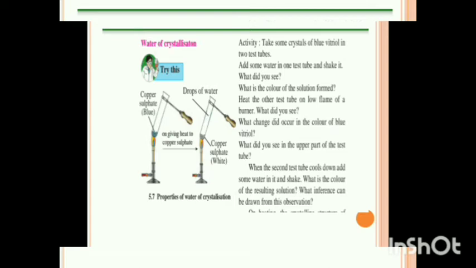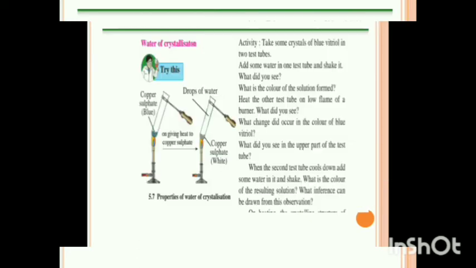Now water of crystallization. For that again you have one activity, one experiment to do. So we will see it. Take some crystals of blue vitriol in 2 test tubes. The blue vitriol is the crystalline copper sulfate.